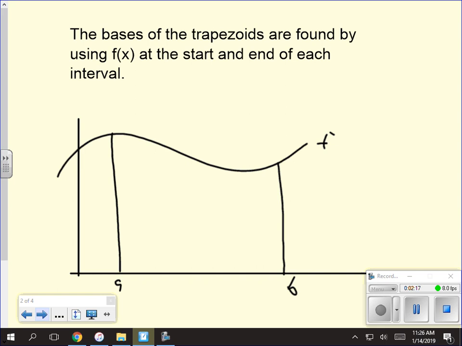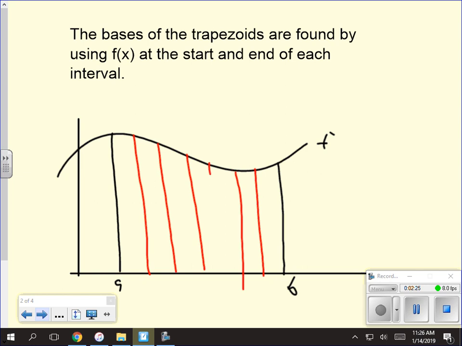I'm dividing it up into trapezoids, each one of them the same distance apart. And I have a trapezoid, which is going to be more accurate than a rectangle.